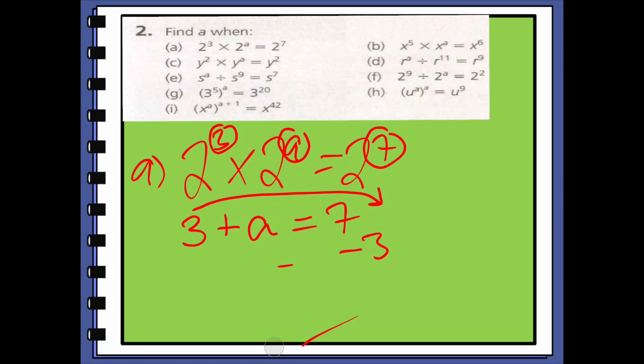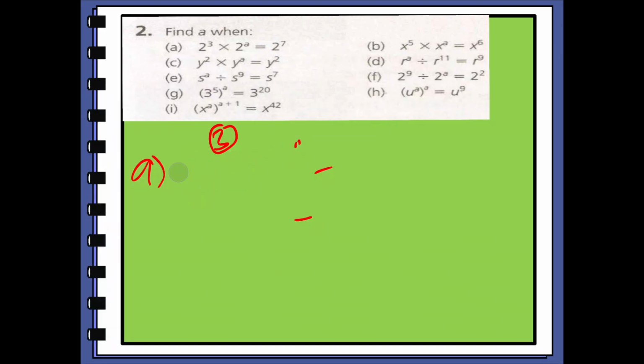Then when it comes to d, where there's a division, we are going to work it out like this. So on d we have r power a divided by r power 11 equals r power 9.